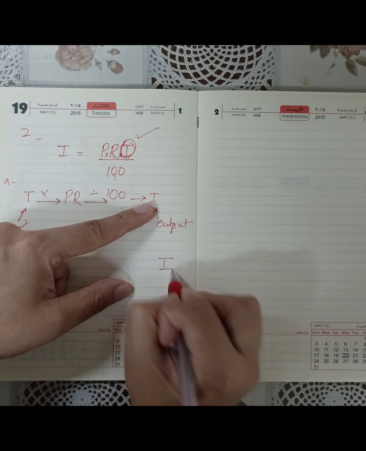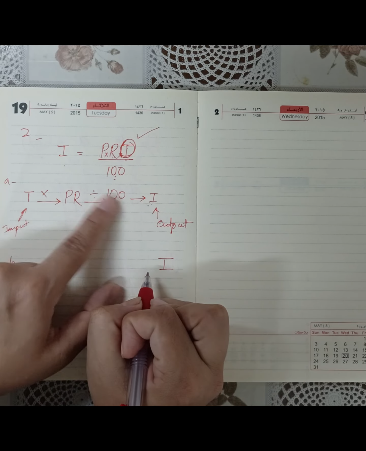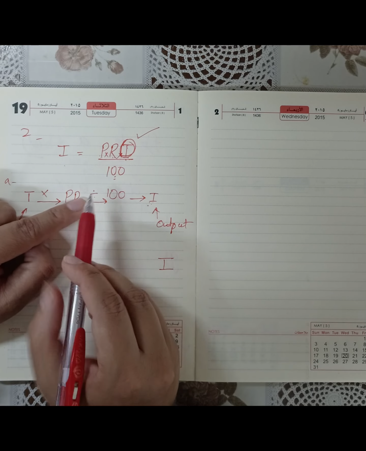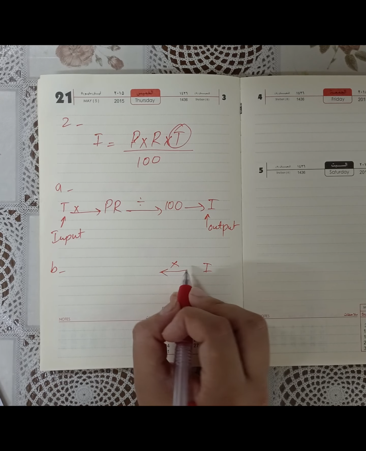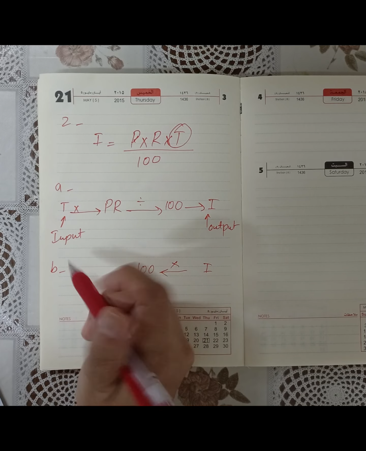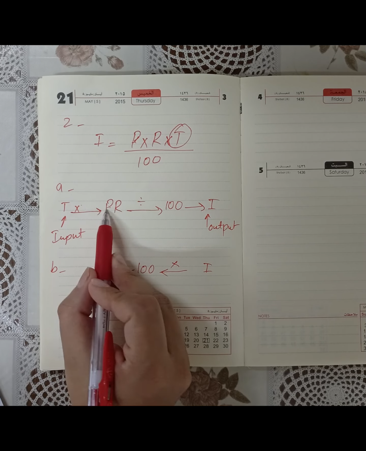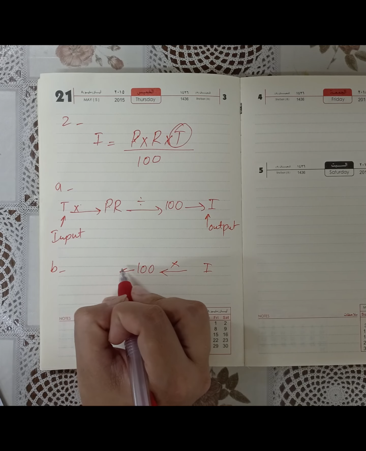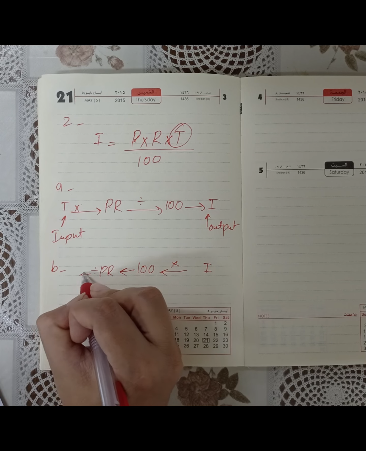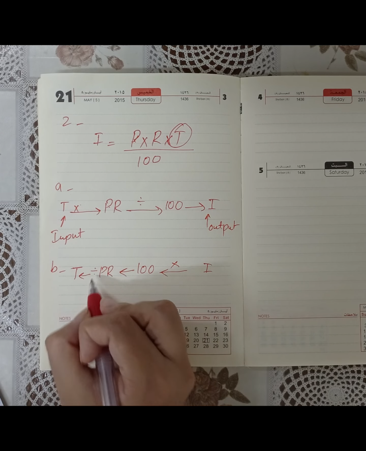So we will start from I. Whatever the function we did, we will reverse those functions. For example, if I will multiply it with 100 and then I multiplied with PR, so this time I will divide it with PR so that I can get T.